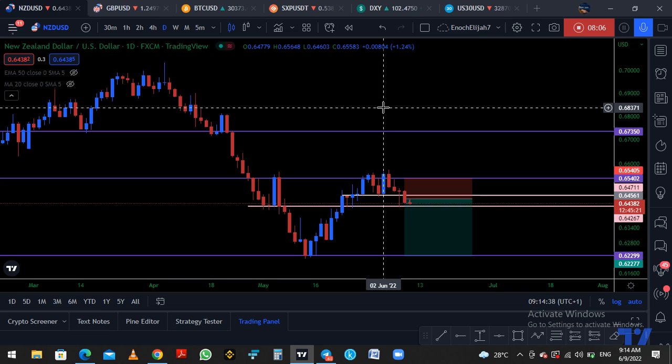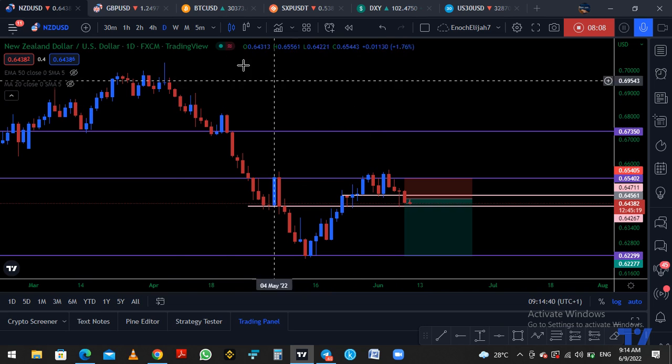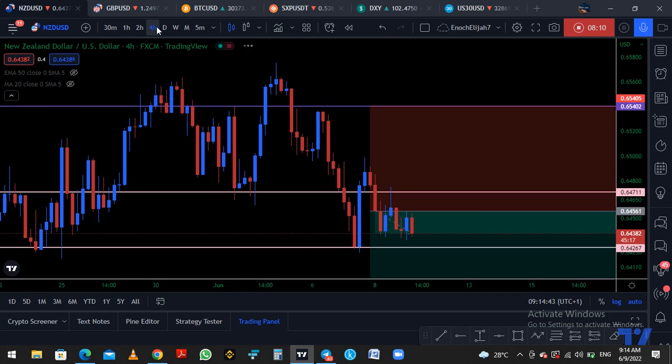Now, a lot of people ask me, can I still enter now, say an hour after I give a signal? So far, if the signal is yet to hit our first target, you can still enter, if it's still far from the first target. Once it is close to the first target, don't enter again.